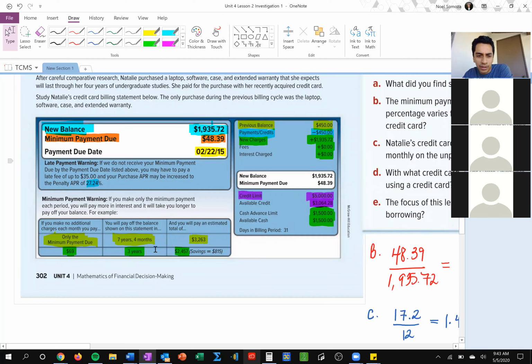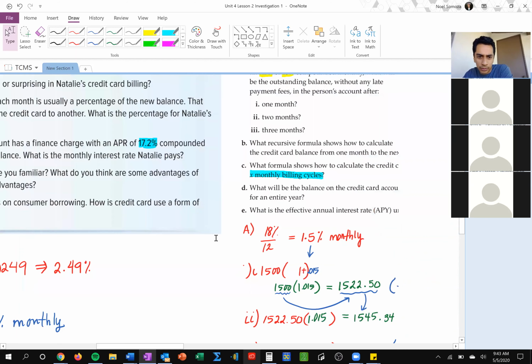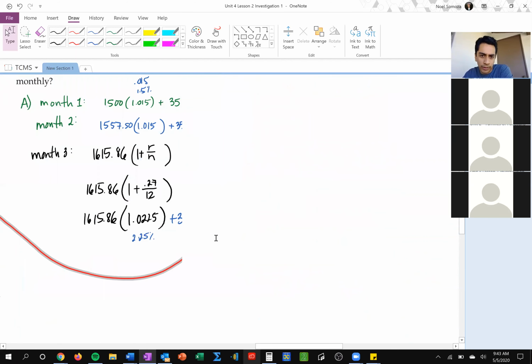And because you paid it off in such a slow amount of time, you ended up making a lot of payments just to the interest. Okay, and so it tells you how much you will actually pay. Instead of paying off your balance, all of the extra interest is going to make you end up paying $3,263 instead. Okay, so this problem is a little bit of a reference to that first one.